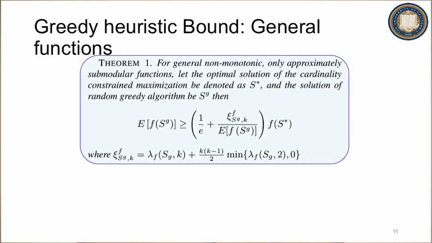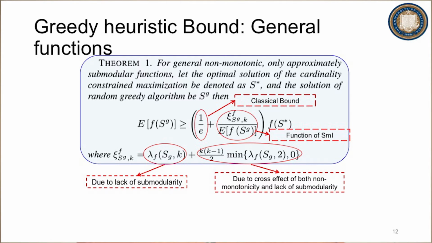With the newly introduced submodularity index, we can prove performance bounds for greedy heuristics for a much broader class of set functions. Our main result is summarized in Theorem 1. Here we can see that our bound consists of two parts.